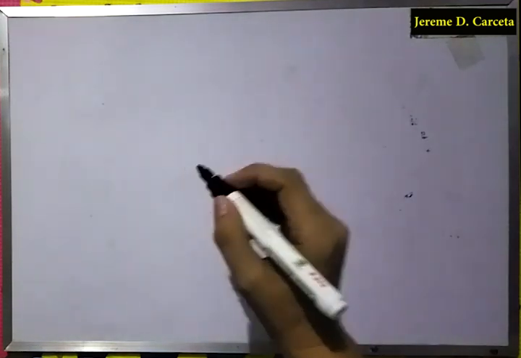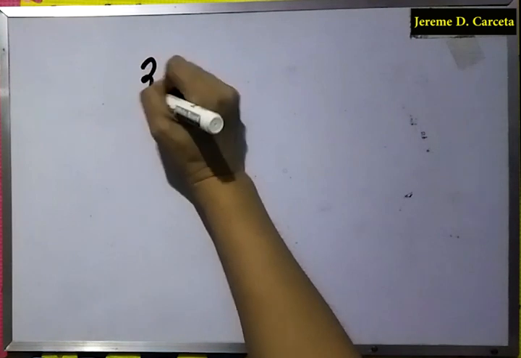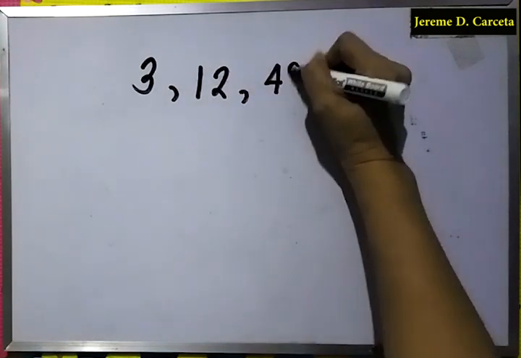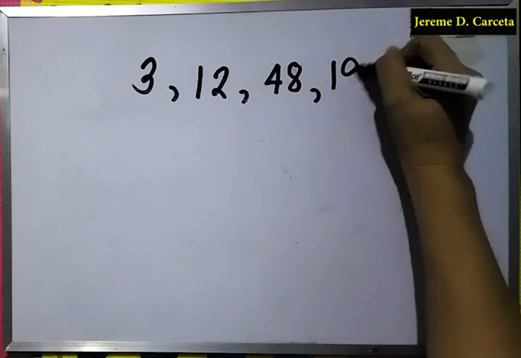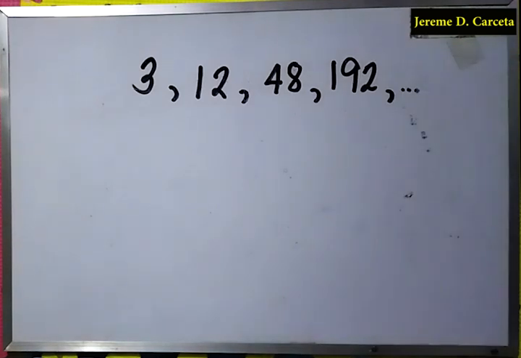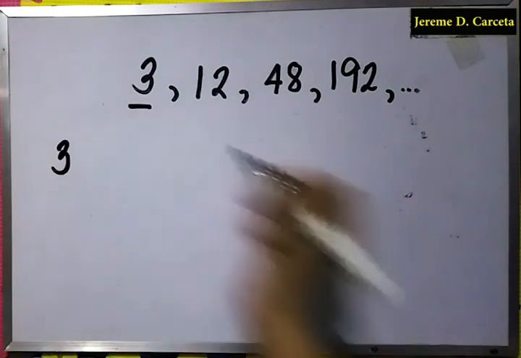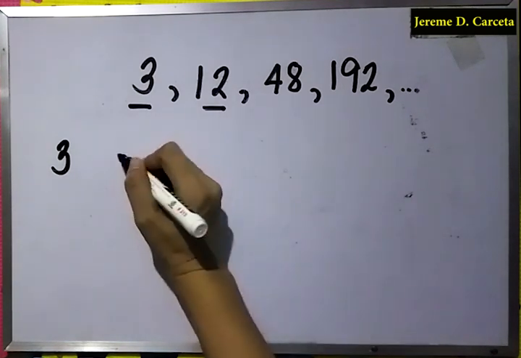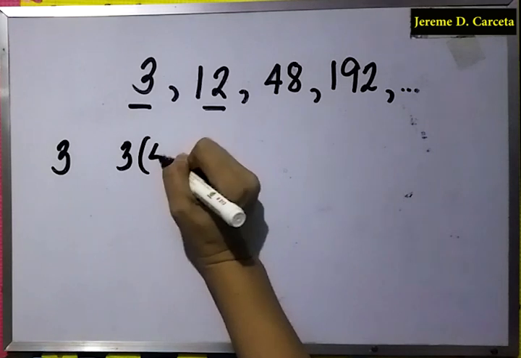For instance, if we have a geometric sequence 3, 12, 48, 192, and so on. Our first number is 3. Our second number is 12, which is also equal to 3 times 4.